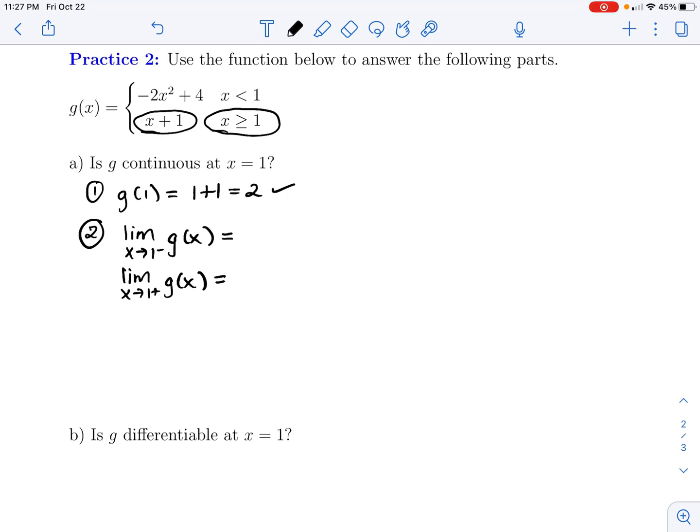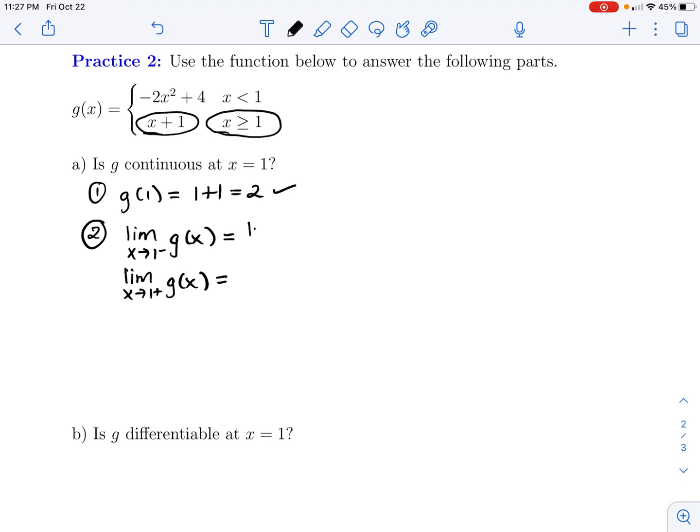So from the left, I want to be using the top function. This is the limit as x approaches 1 from the left of negative x squared plus 4. So this gives me negative 2 and then 1 squared plus 4, which gives me 2.